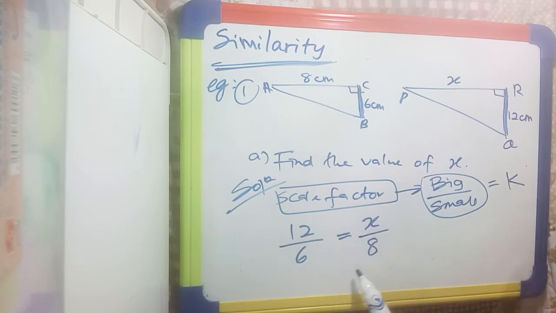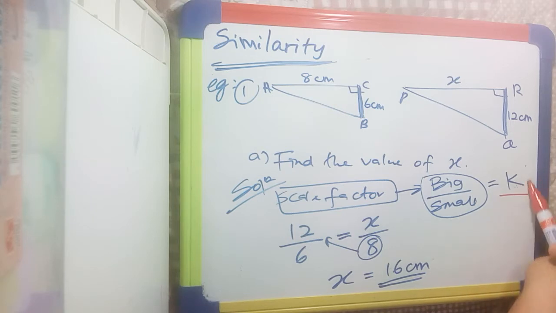When you make X the subject, you can cross multiply. You can move this 8 to the other side. When you calculate, you will get X is equal to 16 cm.